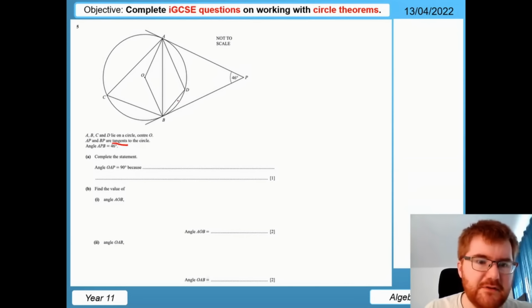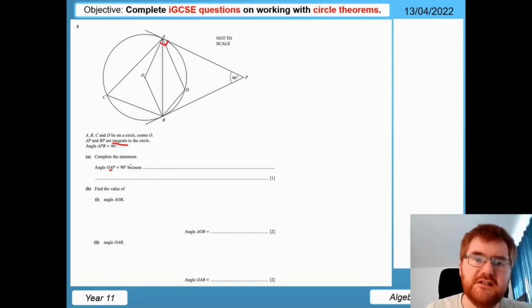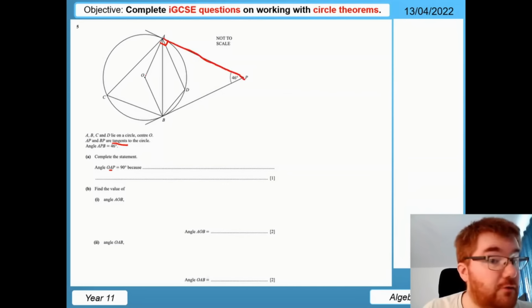Now complete the statement. The angle OAP, remember the middle letter tells us where it is, so this entire angle here is equal to 90 degrees, and the reason for that is because this tangent AP always meets a radius, or diameter actually, at 90 degrees.